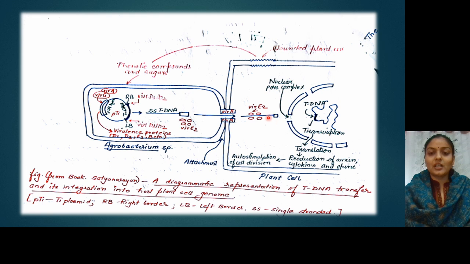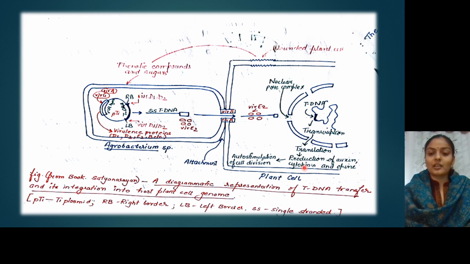And thereafter this VIR-E2, D2 and single-stranded T-DNA complex is transferred through the nuclear pore complex to the nucleus of the plant, and here the T-DNA gets integrated with the plant genome. And as the T-DNA expresses its genes here, auxin and cytokinin production is started, and thus opine synthesis is also started.